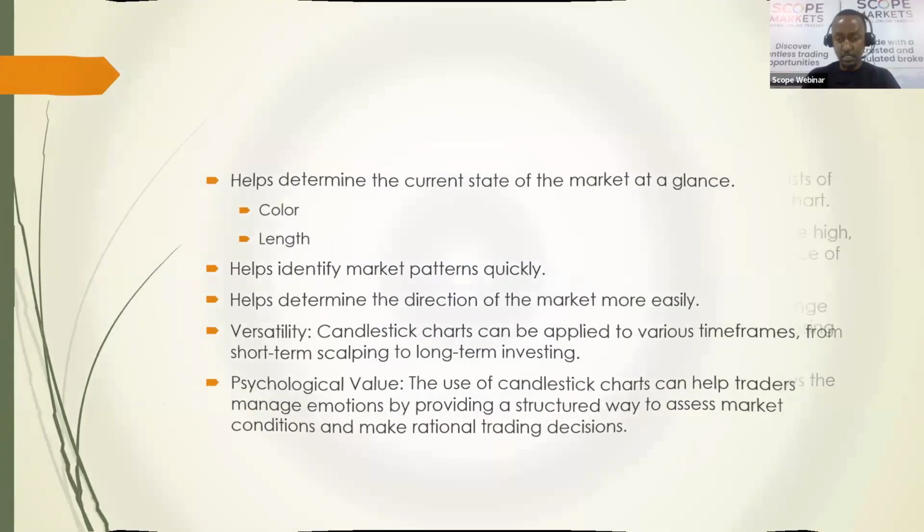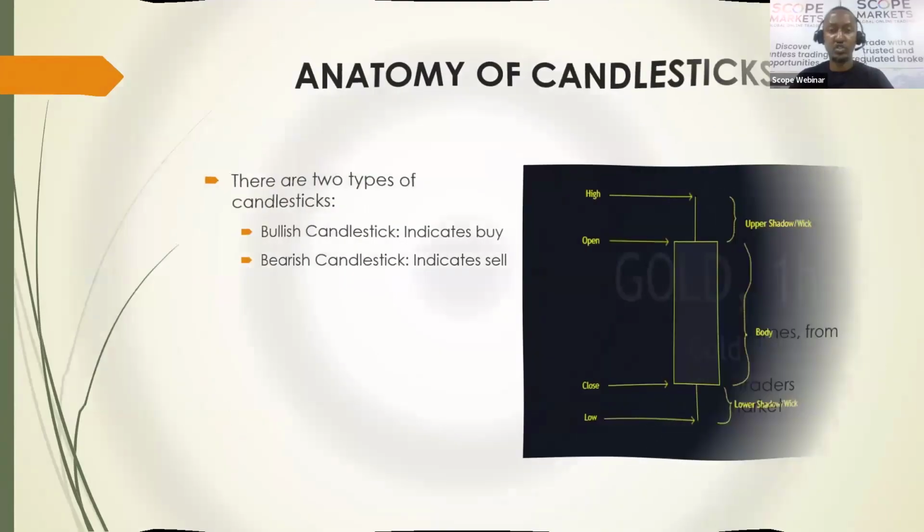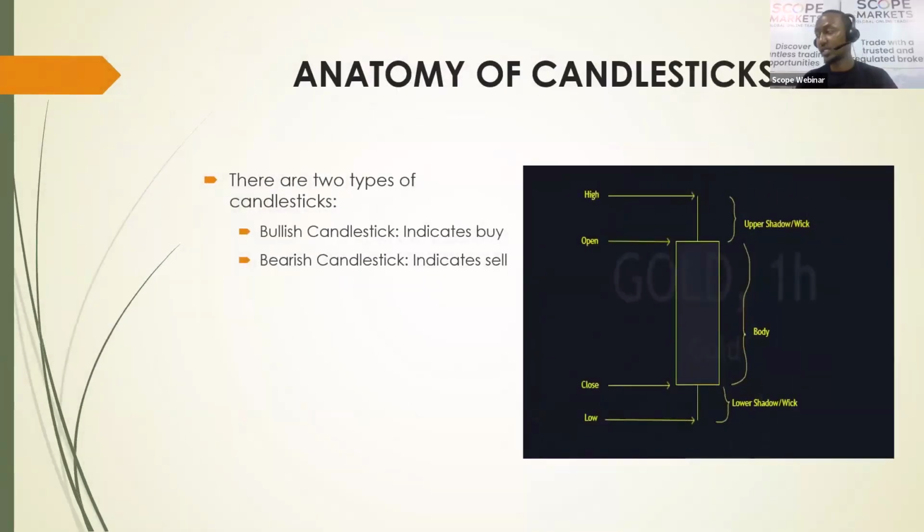But again, you need to understand the formation, or the anatomy, of the candlestick. Like I said, you can have either a bullish or a bearish candlestick. This is how the candlestick forms. You can see this is the opening price, and the price pushed up all the way to this level to create the high price.